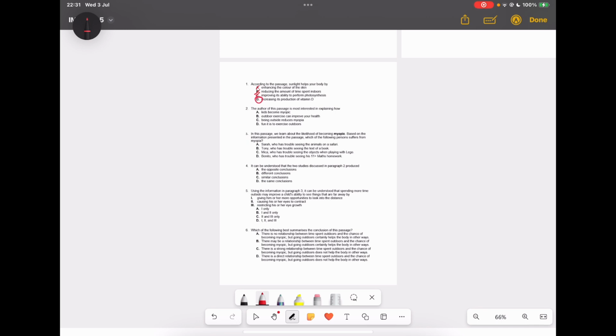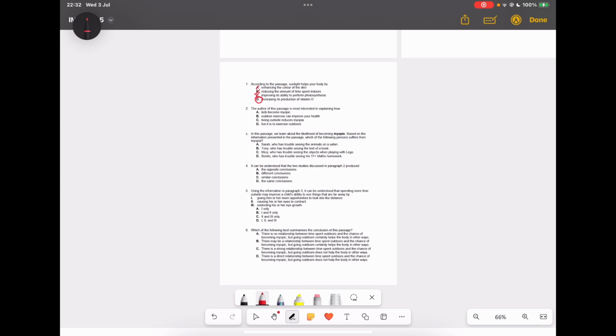Okay, 2. The author of this passage is most interested in explaining how A. Kids become myopic, B. Outdoor exercise can improve your health, C. Being outside reduces myopia, D. How fun it is to exercise outdoors.